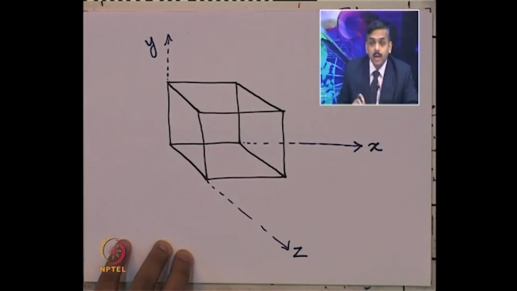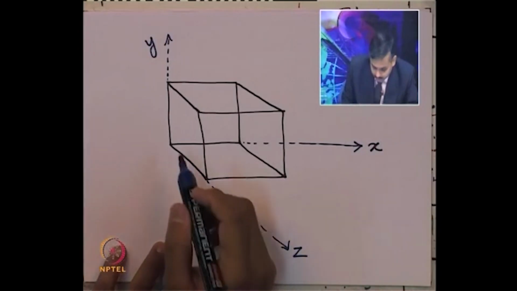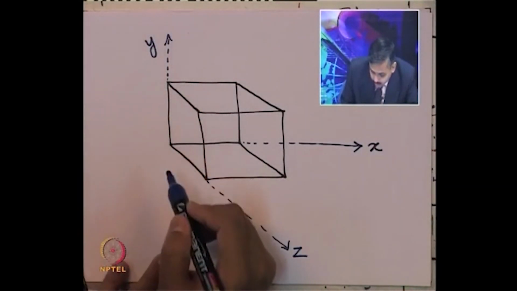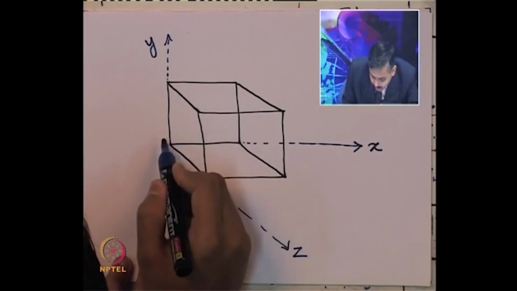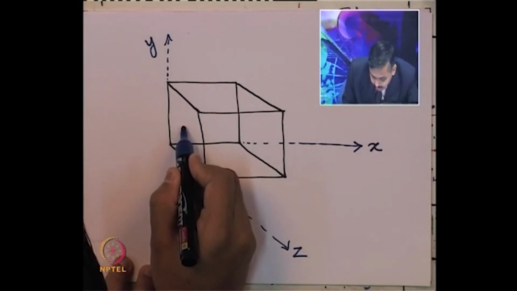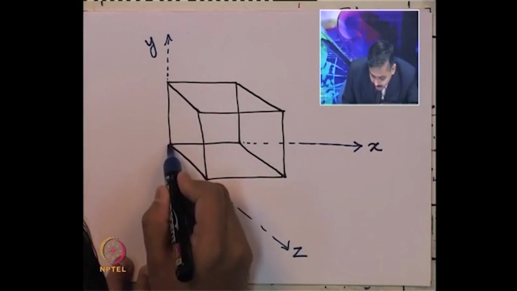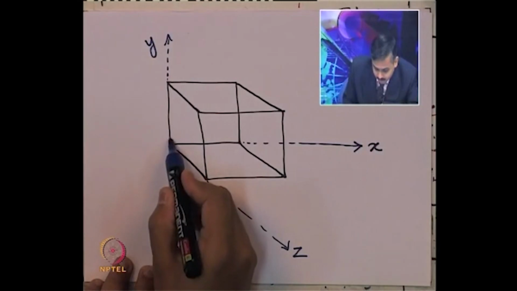Let us take only one direction first, then it will be easy to understand the similar other directions as well. So, now in the x direction we have this face. This is basically the origin, as you can see.